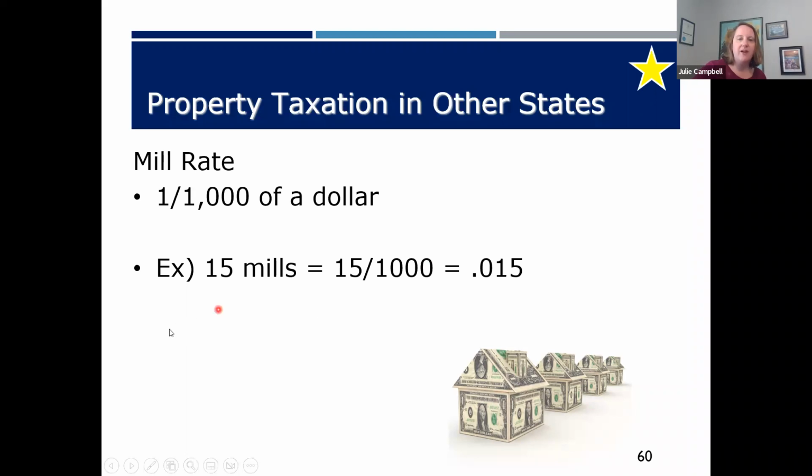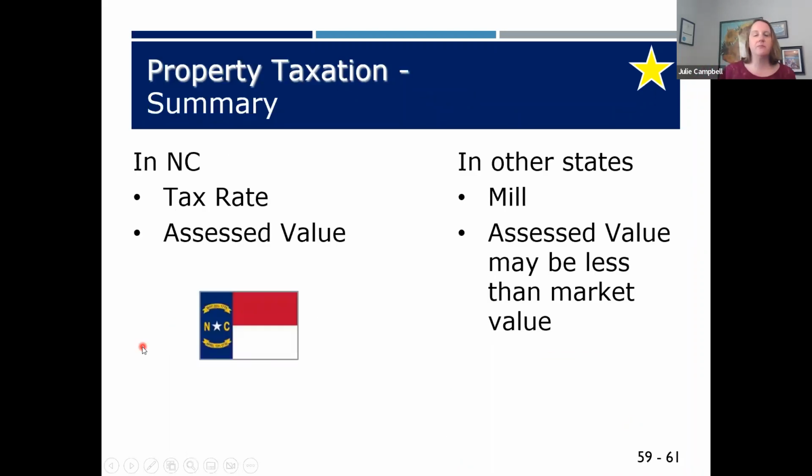So here's our nice side-by-side comparison. North Carolina, we use a tax rate per 100. So just do what we did, 0.14 per 100. In this case, when I'm saying per, it's a fancy word for divide. Sometimes in a math problem, per is a fancy word for divide.